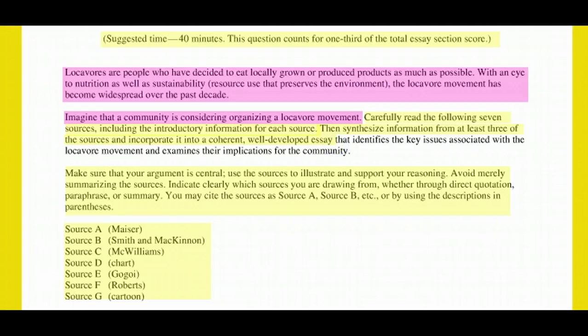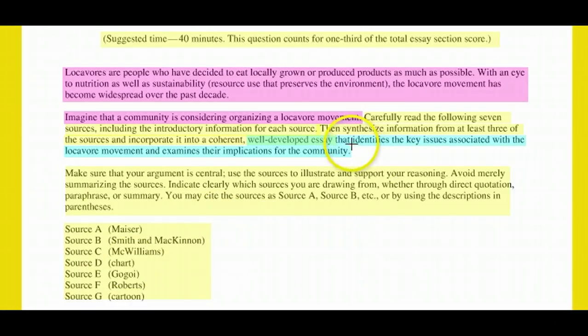And then this is the important part. Notice this prompt's a little more complicated. Buried in this short paragraph is the actual task they're asking you to do, and it starts here. You're supposed to write an essay that identifies the key issues associated with the locavore movement and examines their implications for the community.